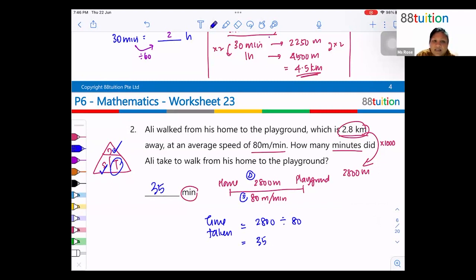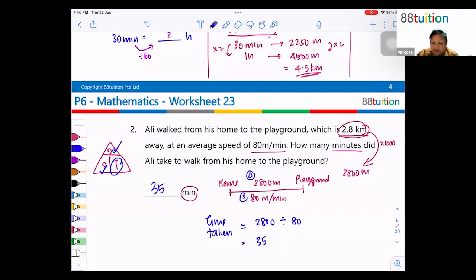It is easier actually to change the distance rather than change the speed. Now remember 80 meters per minute, it is actually tagged to speed. So in this case, it is always easier to change the individual units to fit the units that you want rather than change the unit of the speed.